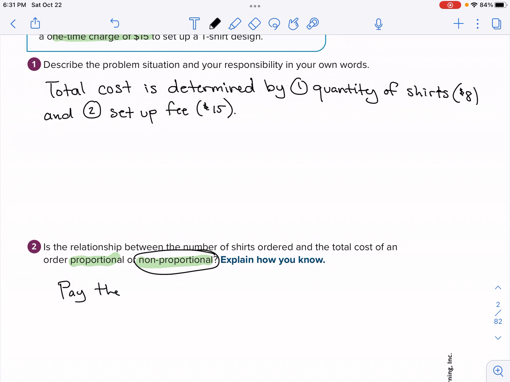the, I will say, $15 setup fee to initiate. So it's a start and order, comma, not including shirts.